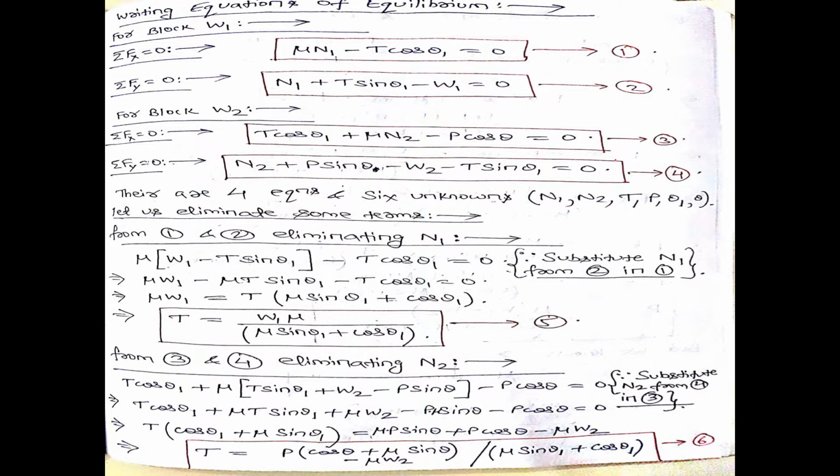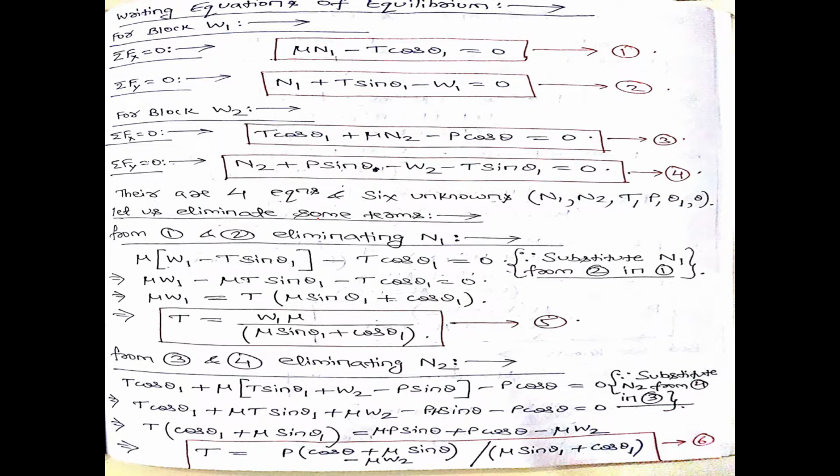That means by using equation number 3 and 4. Equation number 3 is T cos theta 1 plus mu times N2 minus P cos theta equal to 0. In equation number 3, I will substitute the value of N2 from equation number 4. From equation number 4, N2 is equal to T sine theta 1 plus W2 minus P sine theta.